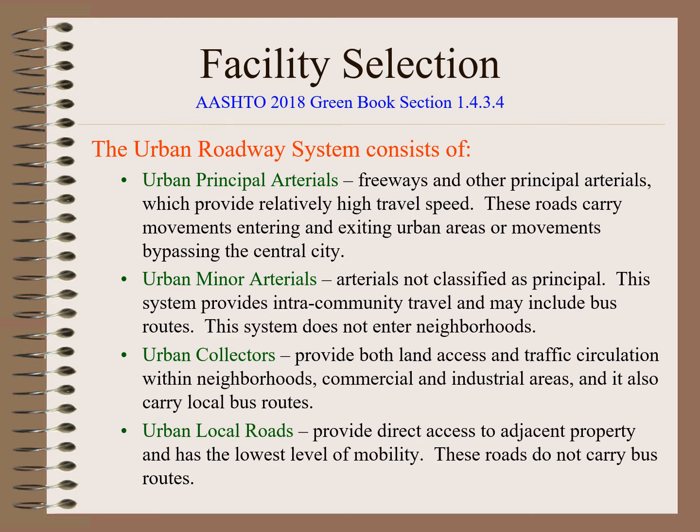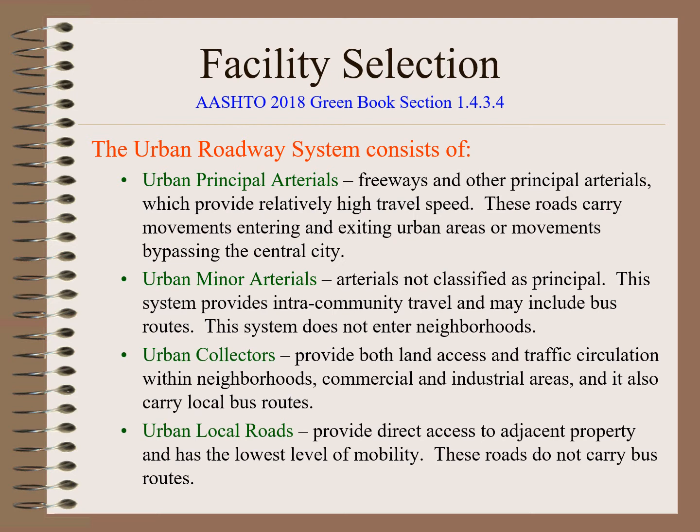Then you have your urban collectors, which are both providing land access and traffic circulation within neighborhoods within the city, commercial and industrial areas. And they also carry local bus routes. So these are slightly smaller routes that connect to the minor arterials.